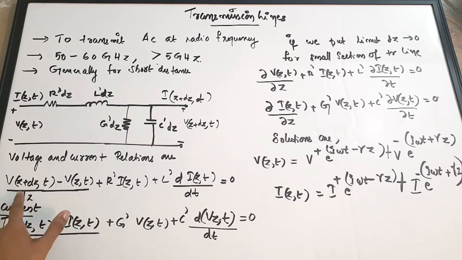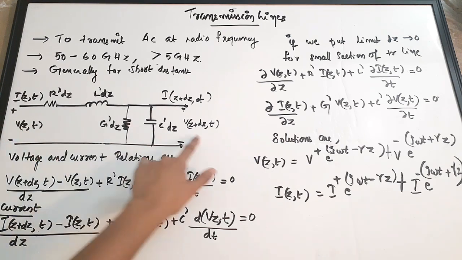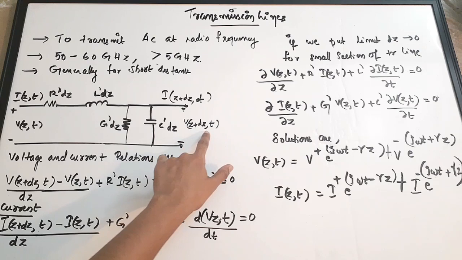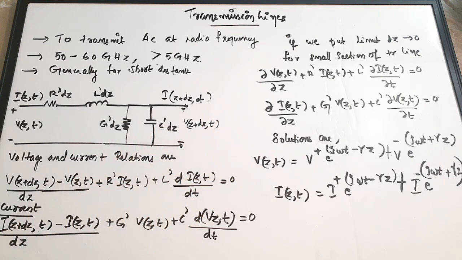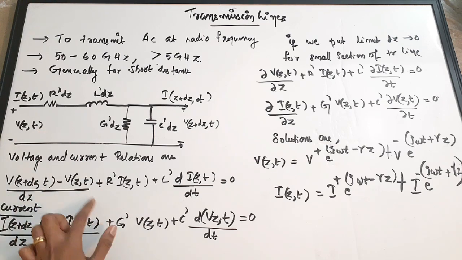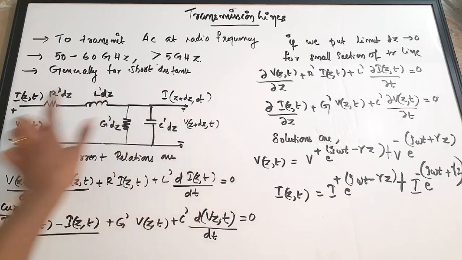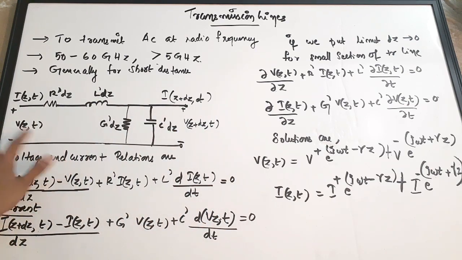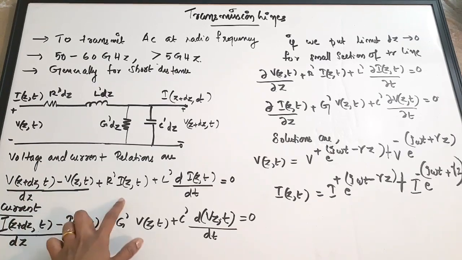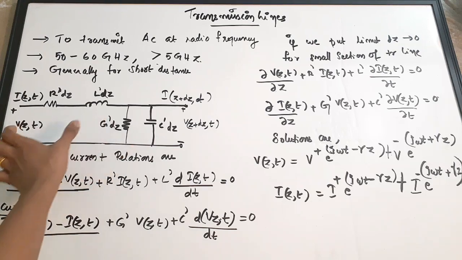So first, this is the voltage equation. On this side the voltage is V(z,t), and here it is V(z+Δz,t). This is the transmission line in the z direction; we are transmitting the wave in the z direction. So the change in voltage will be (V(z+Δz,t) − V(z,t))/Δz. That is the voltage change, and there will also be a voltage drop across the resistive component and the inductive component, so we have to take both.